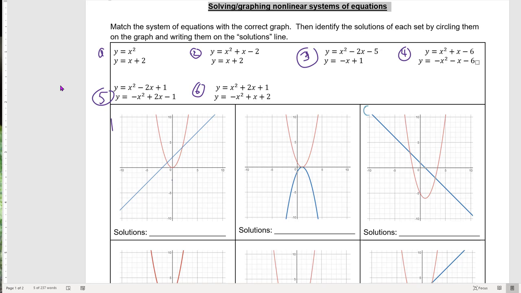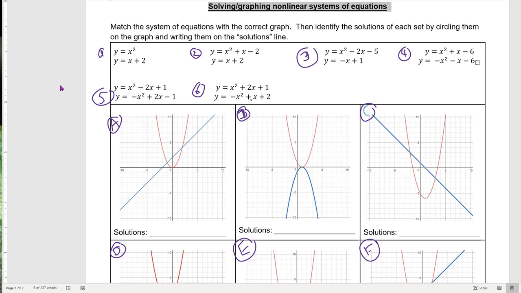And then we'll label the graphs A, B, C, D, E, F.